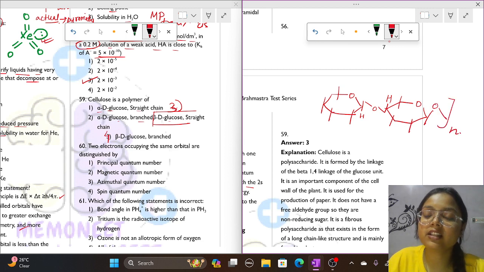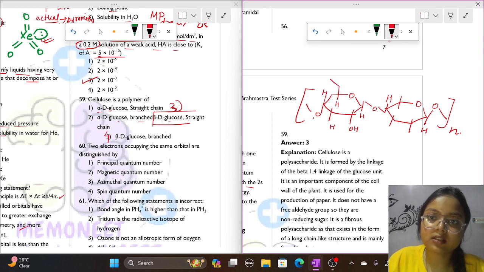Cellulose has a large structure, so it can be regarded as an extended one. Let's put on the H and OH first. Here OH, H, H, and here OH. Here it is carbon, here hydrogen, OH.